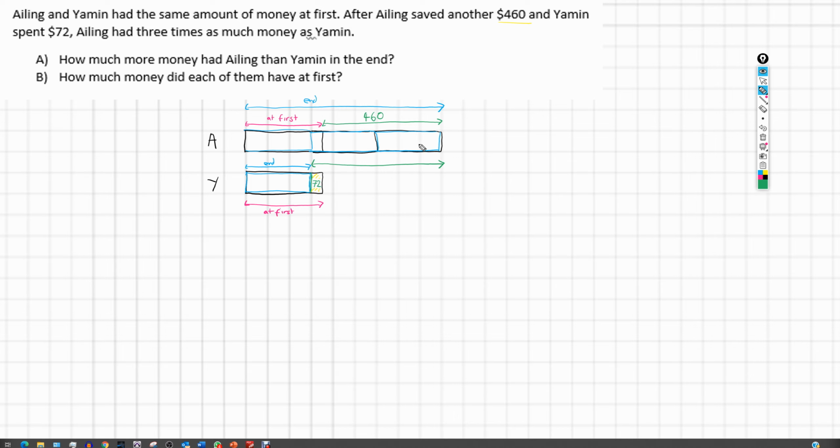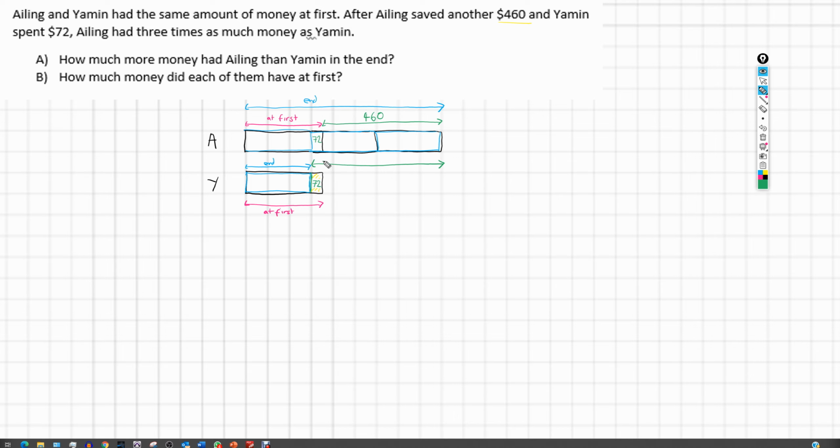Now this is why I've used some different colors, because we want to keep track of which blocks relate to which blocks and which are the same size. This one has the same value as this one. Okay, this 460 doesn't go all the way up to here, but we know from here that the value of this is 72. Okay, and that's the difference, isn't it?